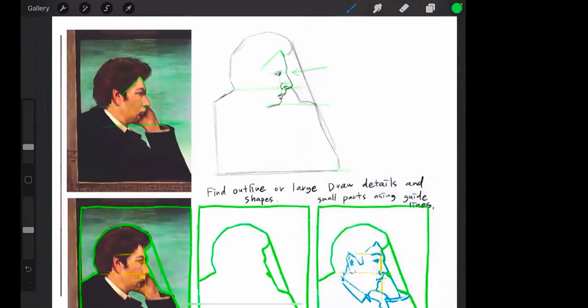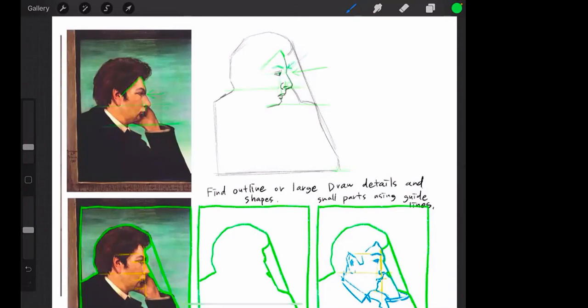And you can find the lids here, the brow lids. You can draw the eyebrow on the lids.